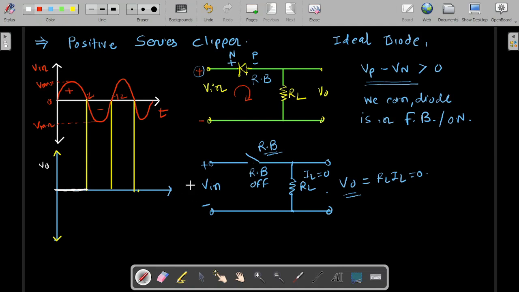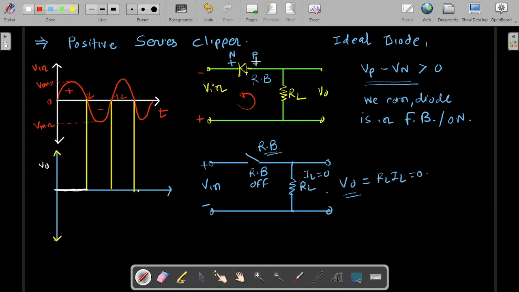Now we'll check the negative cycle. What will happen if I consider the negative cycle? Let me redraw this. When the negative half cycle is there, here will be positive, here will be negative, and the current is moving this way.